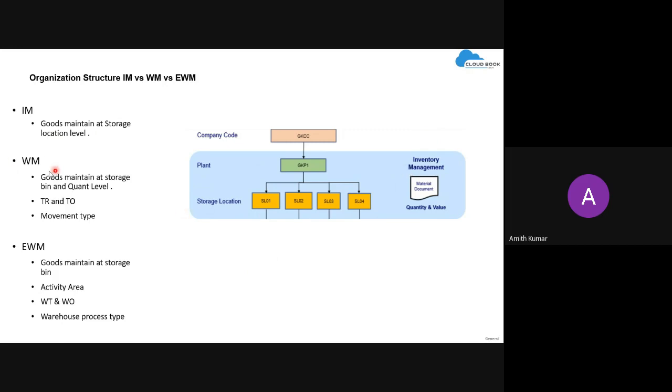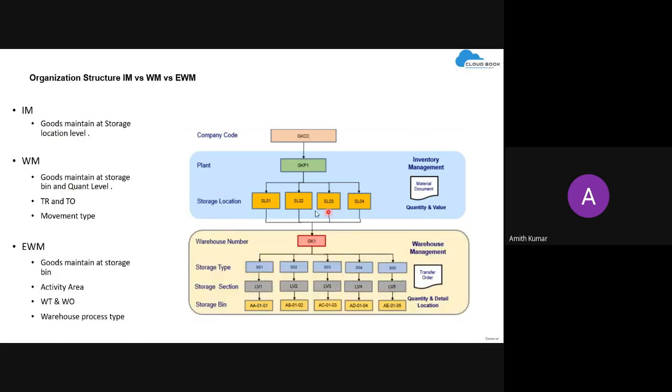But let's say if you go with WM, then we need to assign the storage locations to the WM, right? So we will have to implement the warehouse management. And obviously, if we implement the warehouse management, then all these structures will come by default. So we will look into all these things in detail when we start working with the EWM scenarios, like what is storage type, storage sections, storage bins. So all this will be part of EWM also, right?